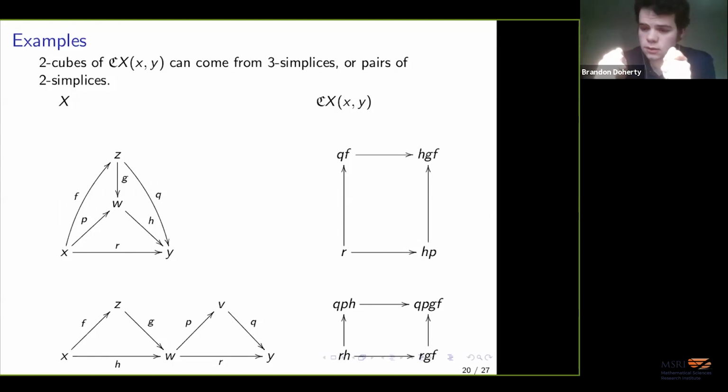So when we join these together to form a necklace, the 2-cube corresponding to that represents this factorization of rh into q, p, g, f, where we can either first factor r into qp and then factor h, or factor h and then r second.